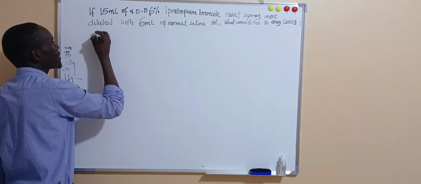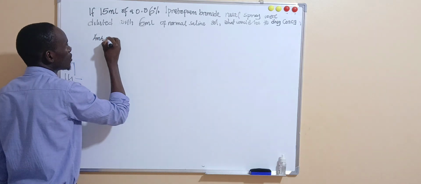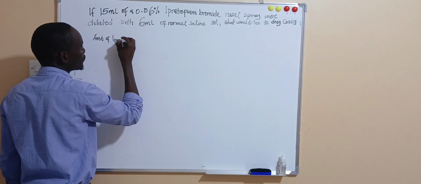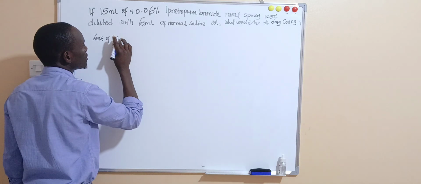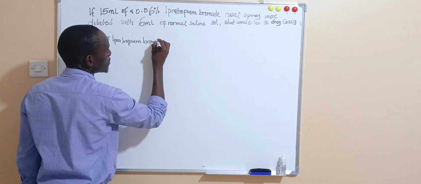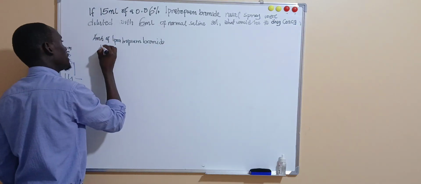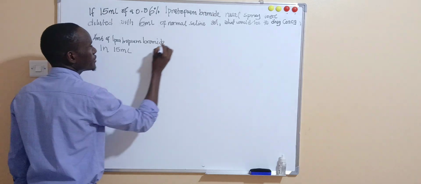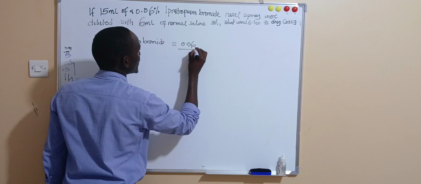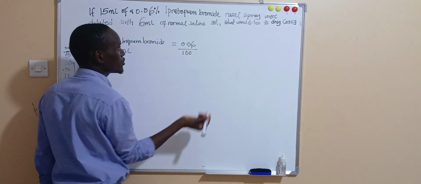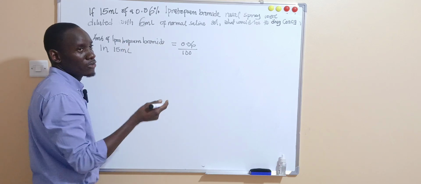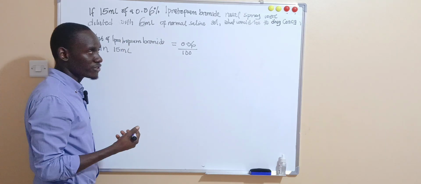Therefore, we shall say that amount of ipratropium bromide in 15 mils will be equal to 0.06 divided by 100, because we are now aware that 0.06 means 0.06 grams in 100 mils of the solution.